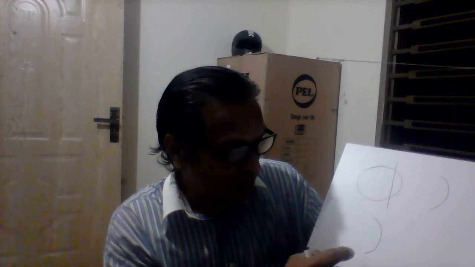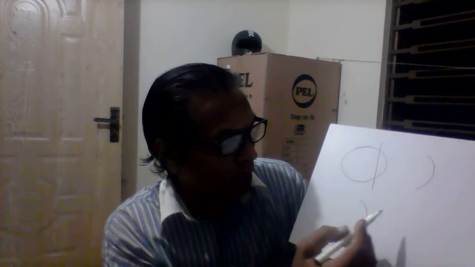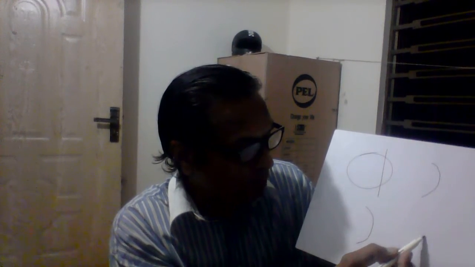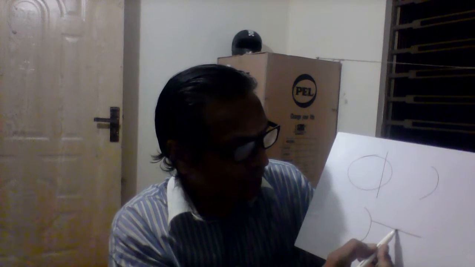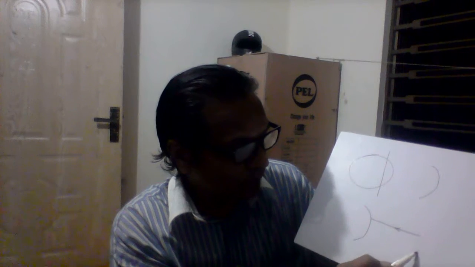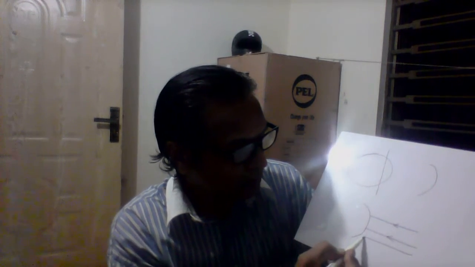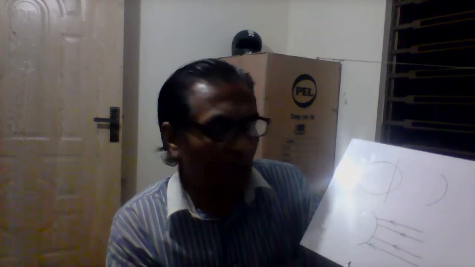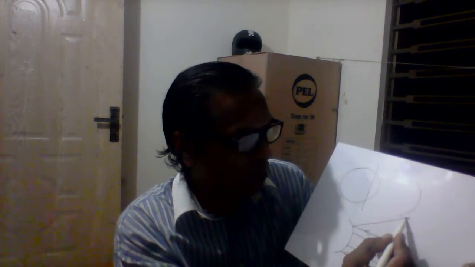So this type of spherical mirror will reflect the light rays which will fall on its outer surface here like this. But how will these reflect? These will hit it and these will bounce back.